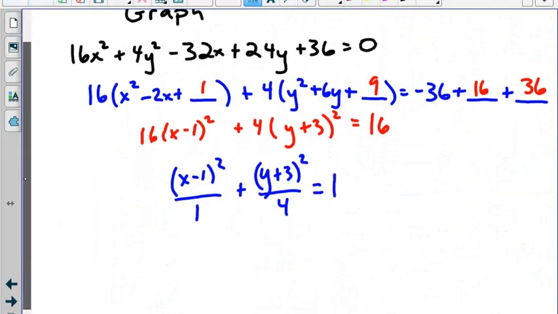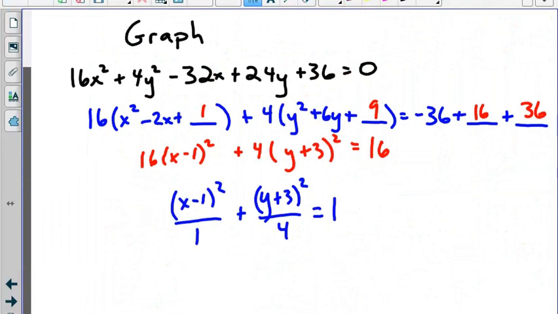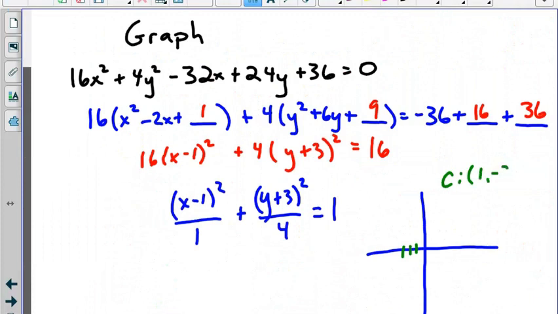So if we graph this, we're going to have another ellipse that is oblong in the y direction. The center is at 1, negative 3. The vertices are going to be plus and minus 2 in the y direction.